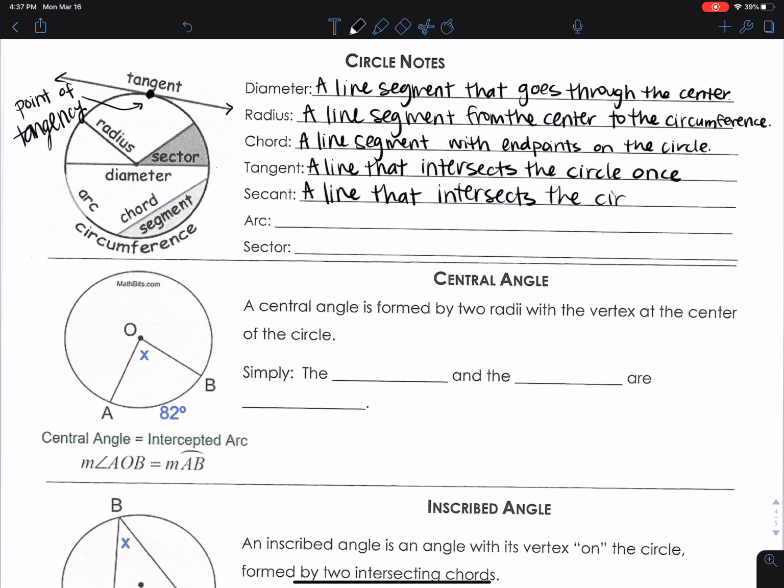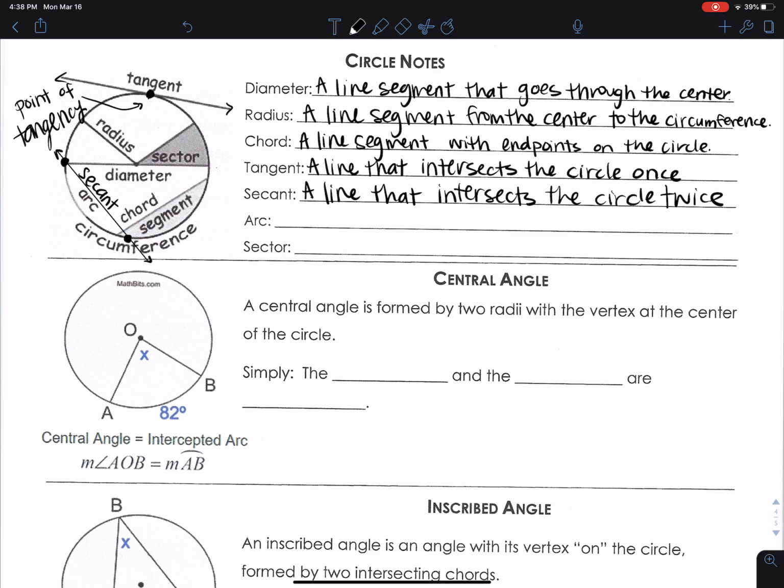When we draw this, I'm going to draw it right here where there's some space, just like this. I'm going to put arrows on there and label this as the secant. So that would be a line where it intersects twice, once here and once there.